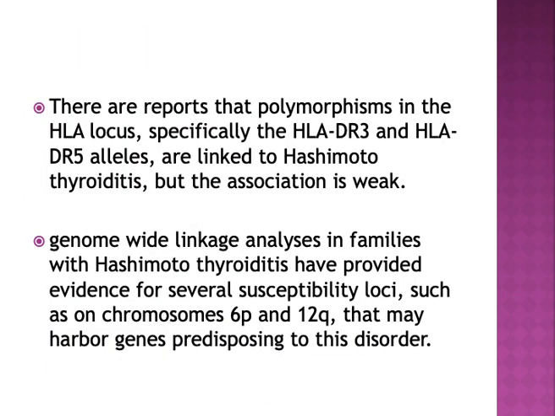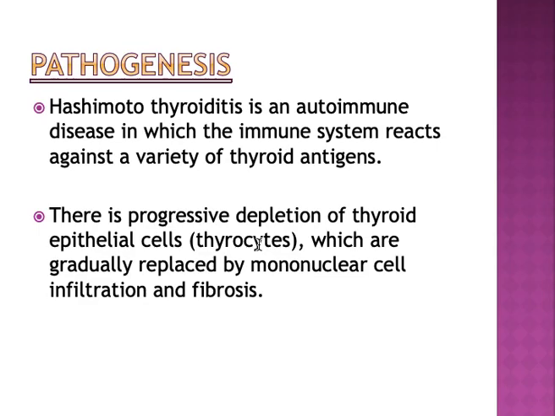It's a chronic condition. It's autoimmune. There are reports that HLA-DR3, which are human leukocyte antigen or MHC complexes, have some link, but the association is weak, so it is not so important.